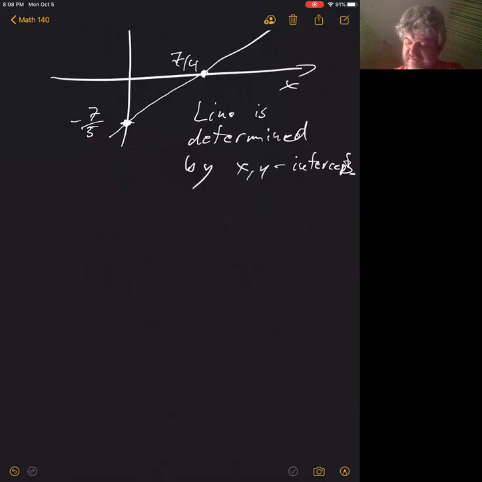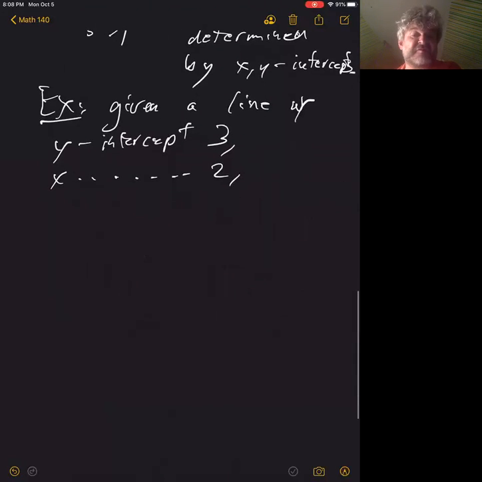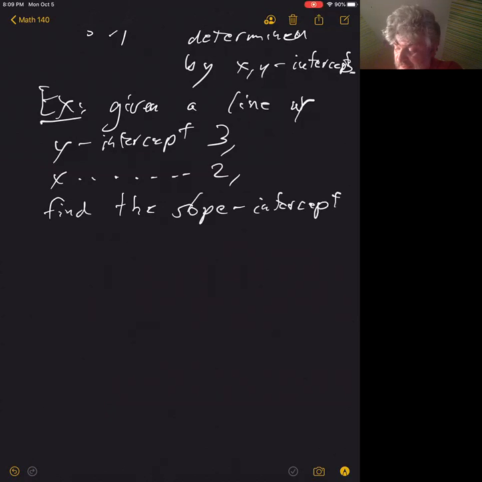So one more example. Given a line with y-intercept 3, x-intercept 2, find me the slope-intercept form of an equation for that line.